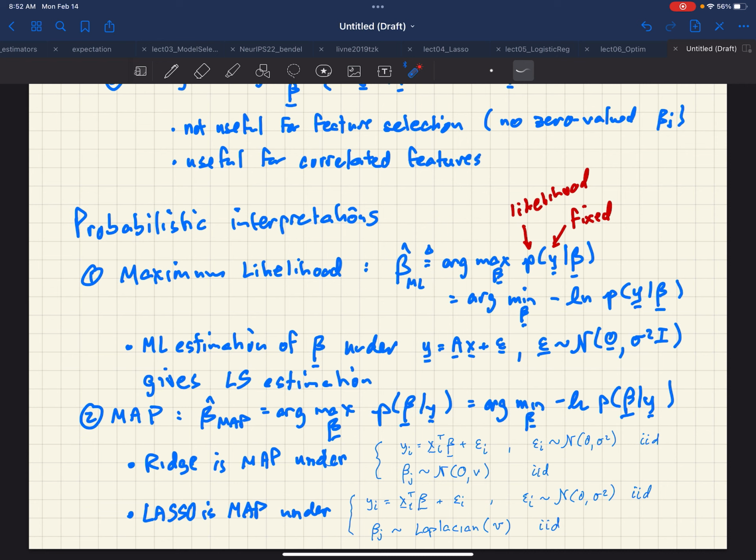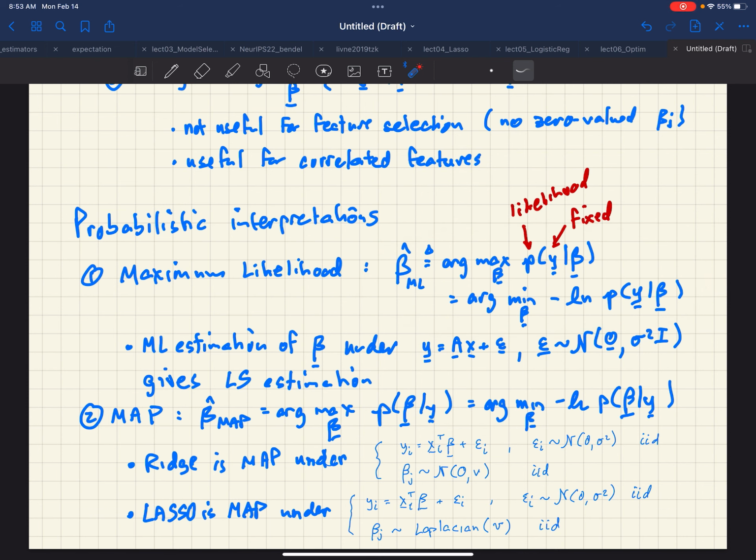So one big difference is, in this case, you do not need any probabilistic model for the betas. Betas are essentially just deterministic parameters. Over here, we need a probabilistic model for the betas, and so that's why we have maybe a Gaussian or a Laplacian. What's nice about maximum likelihood is you don't need any model for the parameters.